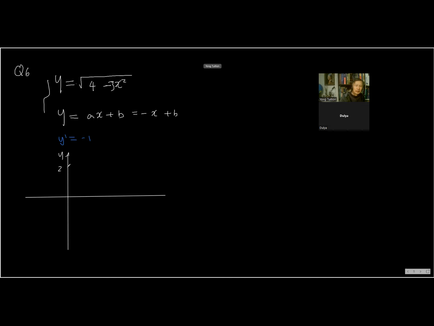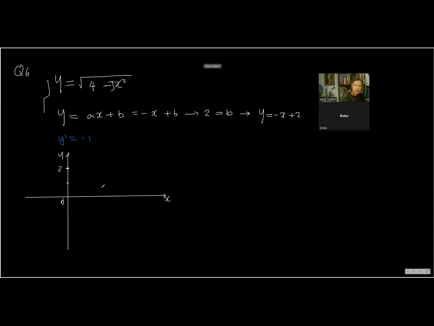That gives us a clue that when y equals 2 and x equals 0, that is our b. So then eventually we build this equation: y is negative x plus 2, right?